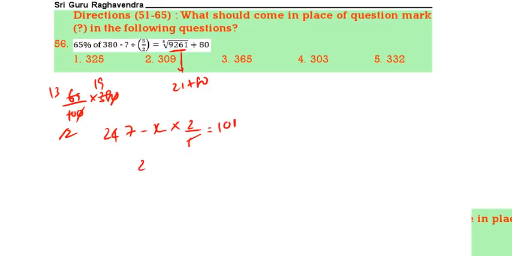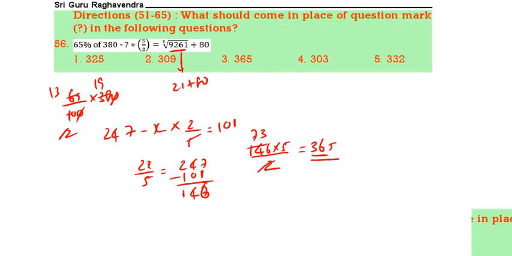Now 2x by 5 is equal to 247 minus 101. That is 146. So 146 into 5 by 2. That is 73 into 5, 365. 3 is the correct answer.